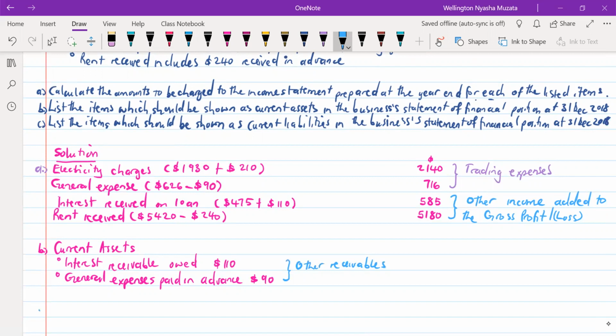So part C, the items that should be shown as current liabilities in the statement of financial position.